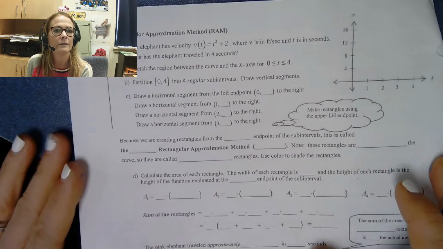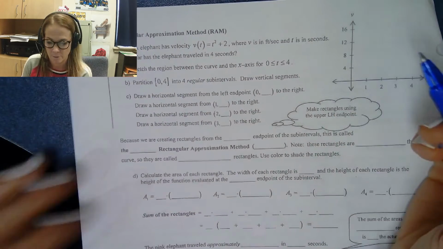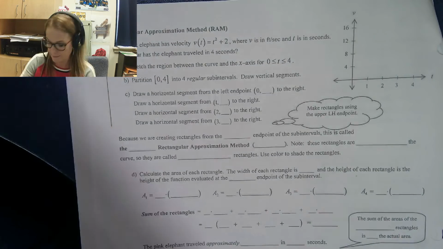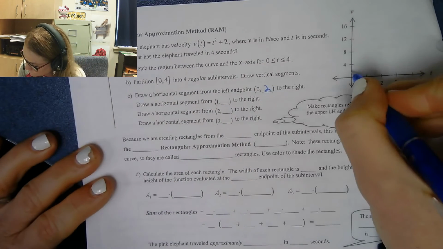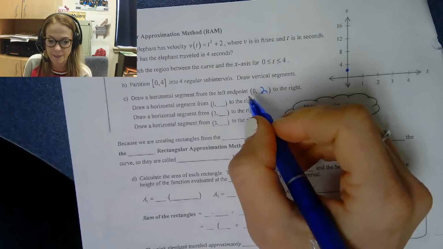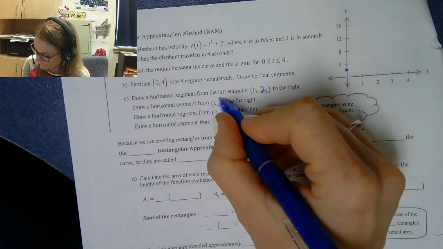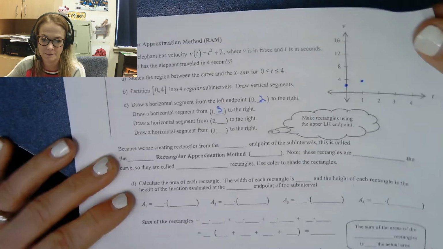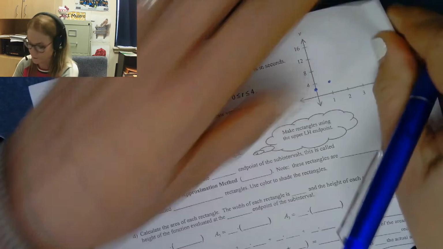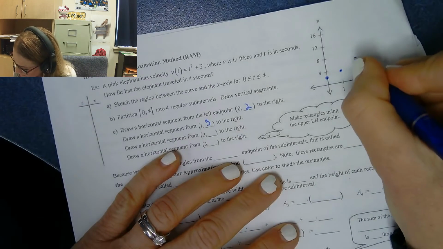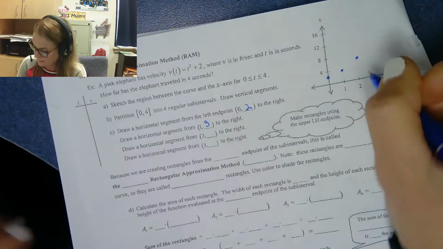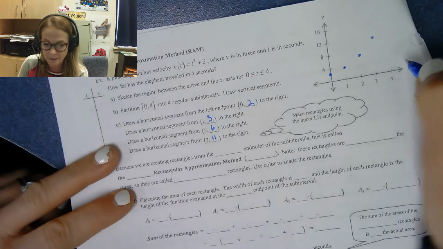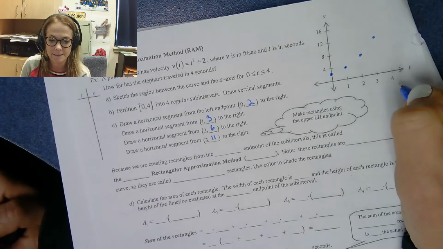All right, so let's plot our velocity graph. Okay, so at 0 I am at 2. At 1, I am at 3. Okay, and at 2, I'm at 6. At 3, I am at 11. Right, and then last but not least, we had to go all the way to 4.